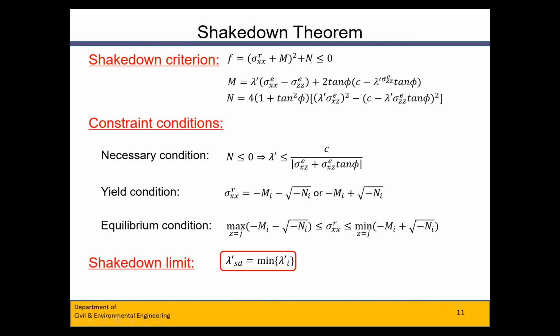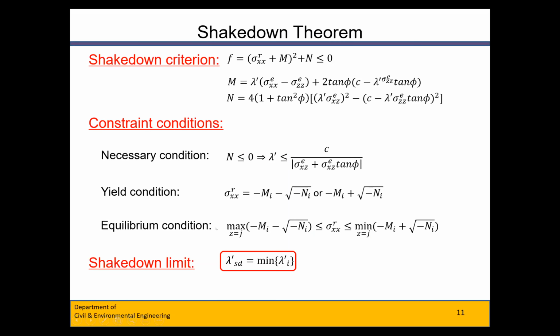M and N are two parameters which are related to the shakedown limit, lambda prime, and the elastic stress, which is induced by the moving load. Combined with the constraint conditions, we have three necessary conditions here, the yield one and the equilibrium one. We can obtain the shakedown limit for each layer, lambda i prime. And the minimum of them is the shakedown limit for the pavement soil system.